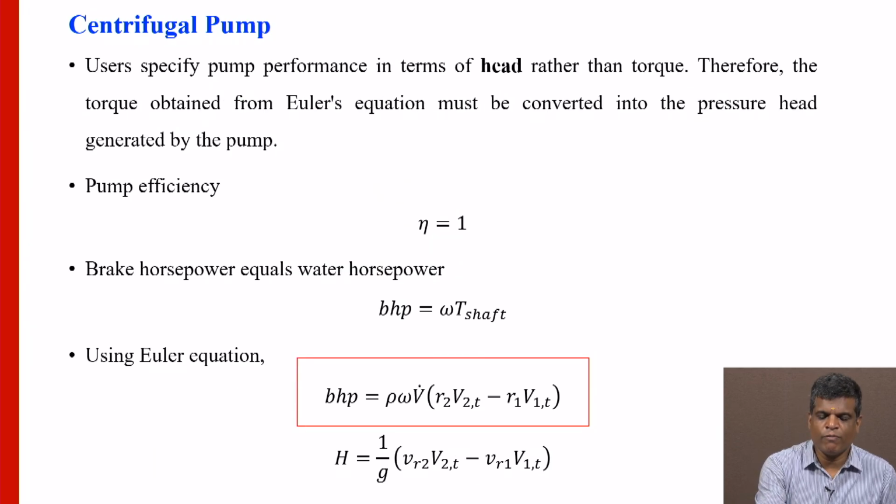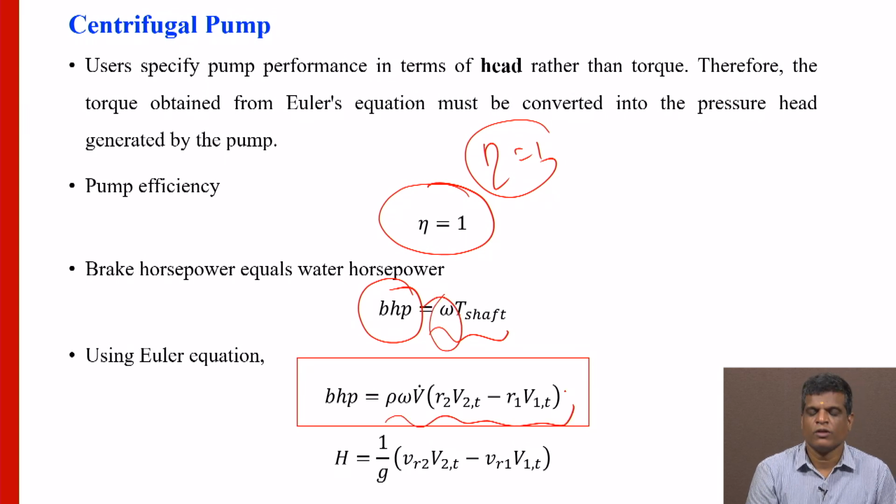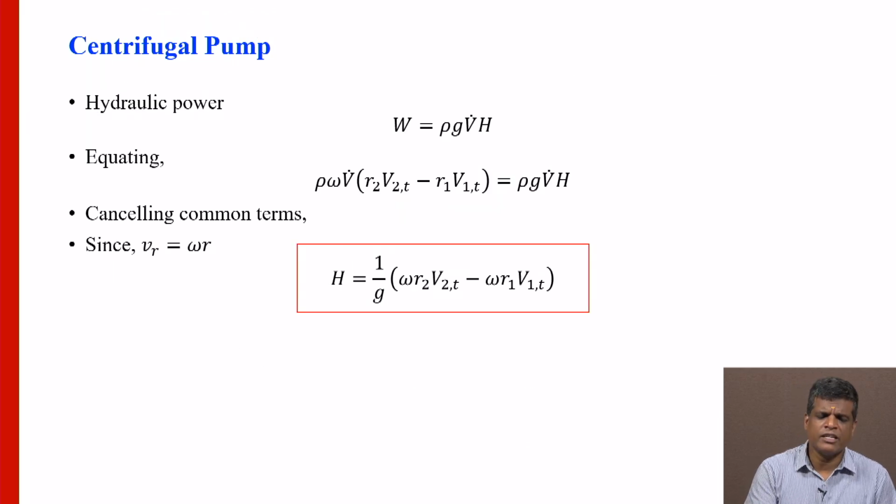For the centrifugal pump, assume pump efficiency 1, though normally it is not. Then the brake horsepower is omega times T shaft. We already know T shaft, so we get the Euler equation. Finally, after modification, the head H equals 1 by g of this expression. It is a very standard derivation.